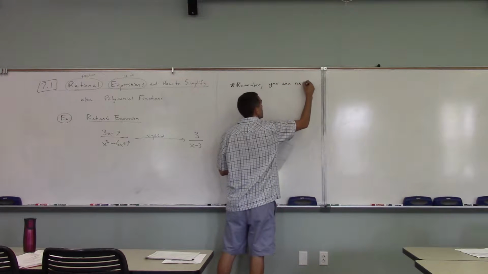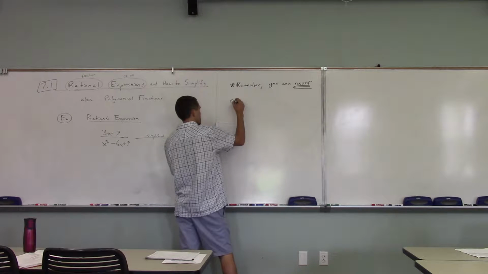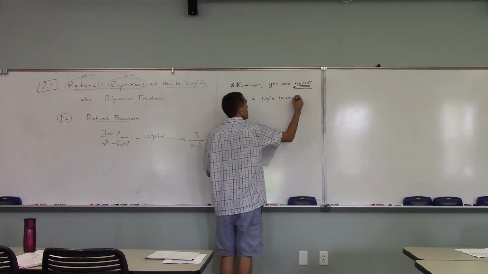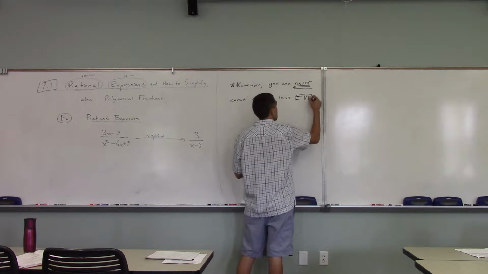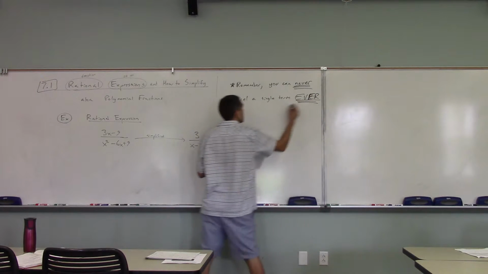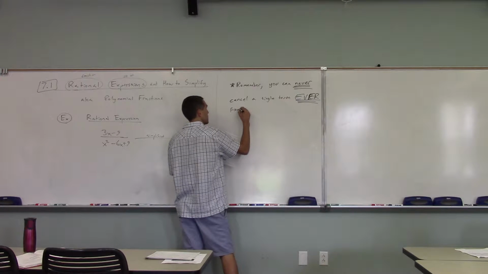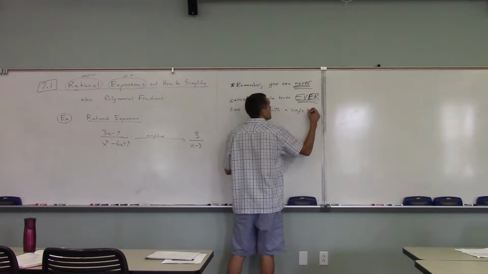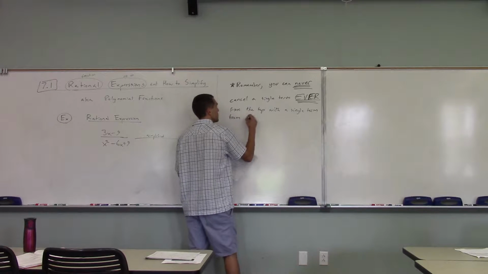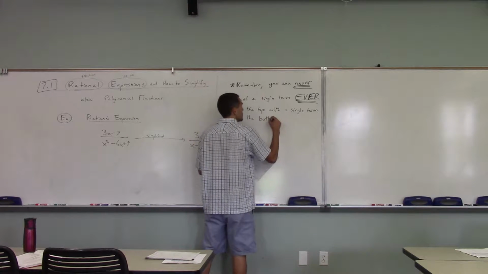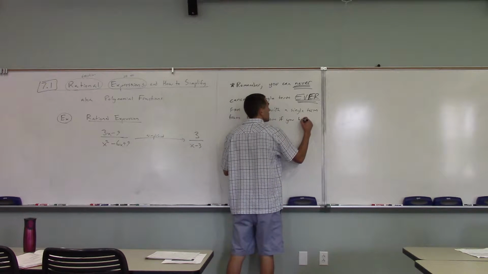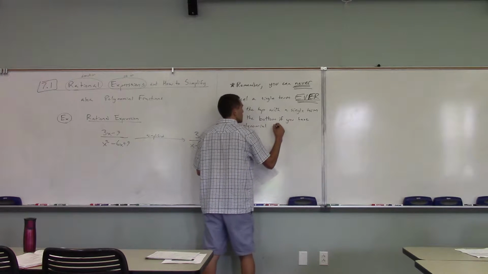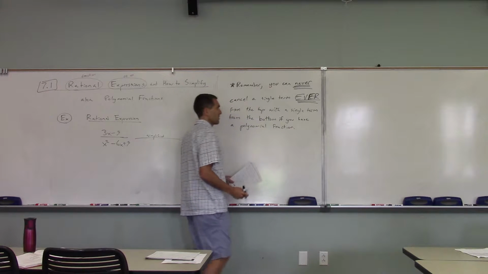You can never cancel a single term, ever, from the top with a single term from the bottom if you have a polynomial fraction.